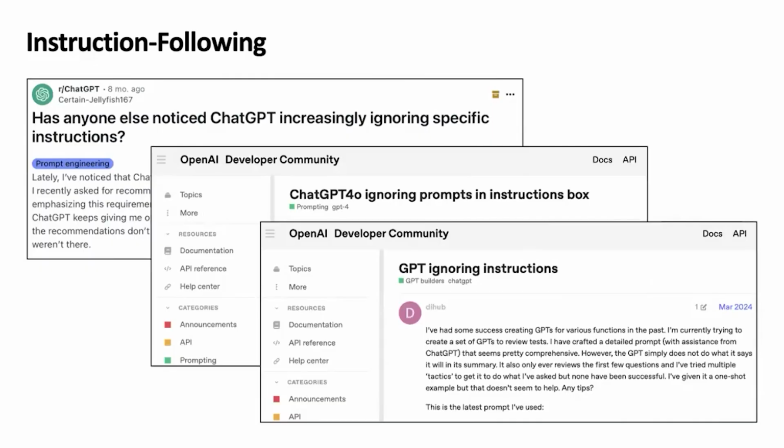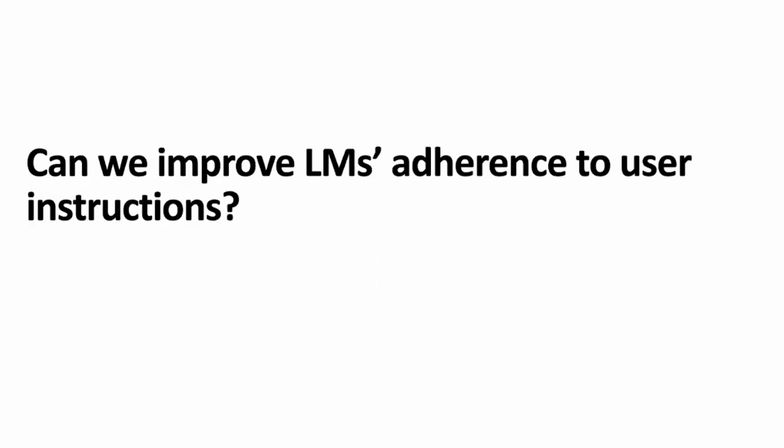So having models that more accurately follow and satisfy the user-specified constraints is a desideratum for probably all user-facing LLM applications. And the broad question that we address with our work is whether we can improve the capabilities of language models to adhere to this type of instruction.